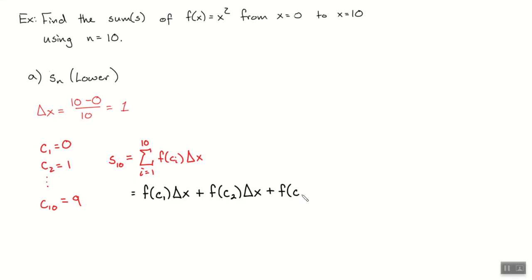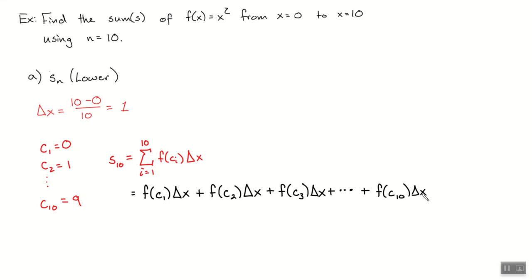C sub 3. And we just start cycling through, right? Times delta x. And then I'm going to say plus, what do these ellipses represent? Everything that I'm skipping. What's the last one that I'm going to do? f of c sub 10 times delta x.